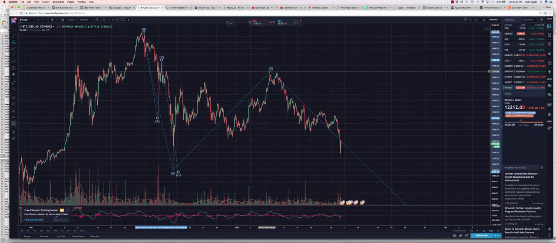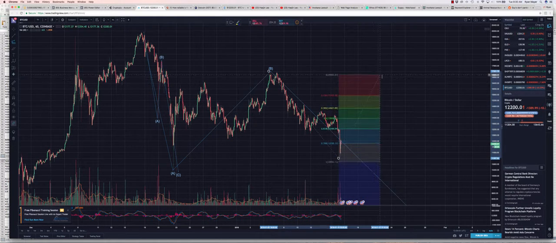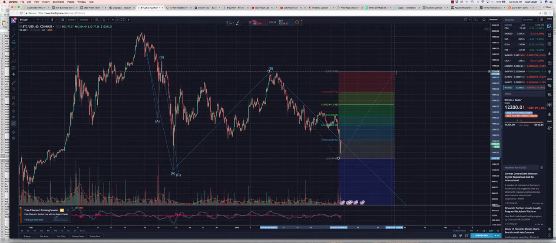We take our previous high of the B wave, and we click and drag that down to where we think our low was. Let's call that this morning's low of 11,207. We're going to click again, and then we're just going to drag that back up to our previous high here on that B corrective wave.